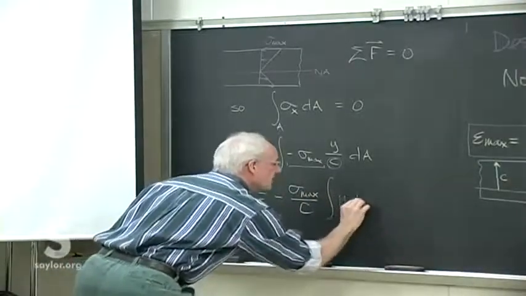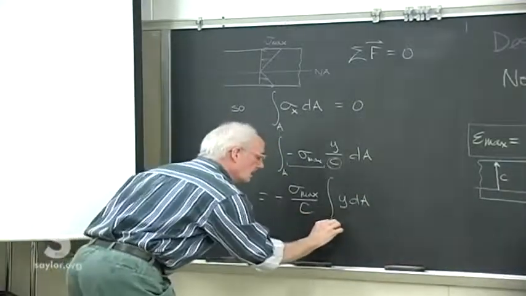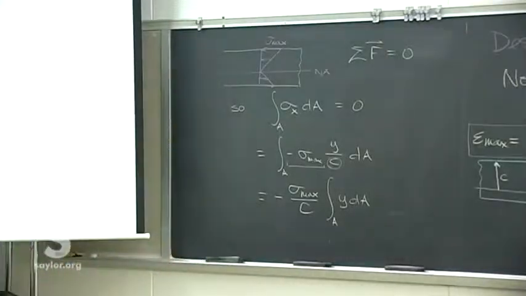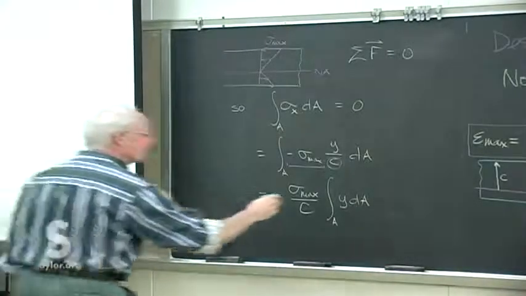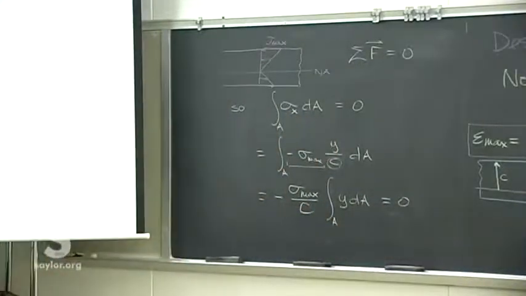And we're just integrating y dA, again, over the entire area. Yeah, that looks good. And that's got to equal 0, because that, remember, is the sum of the forces.